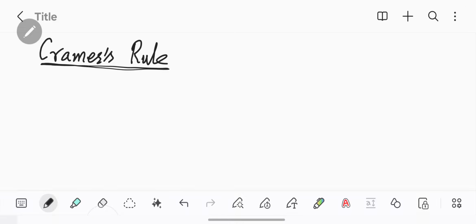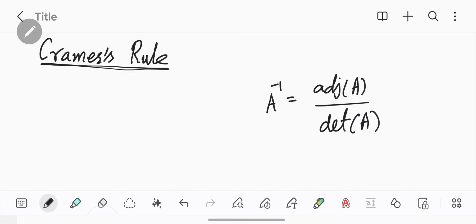Hello. In the previous couple of videos, we were building a theory based on Cramer's rule, and we have proved that the inverse of A is equal to adjoint of A over determinant of A, and we have also explained how to find the adjoint of a given matrix and how to find the determinant of the given matrix.